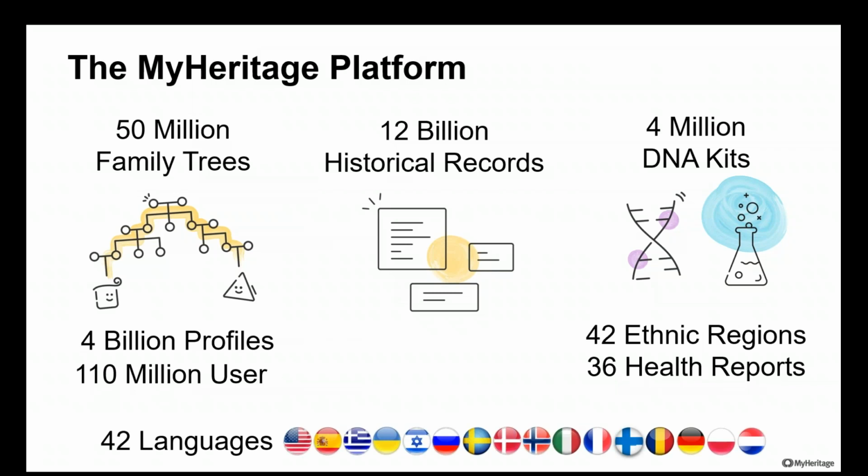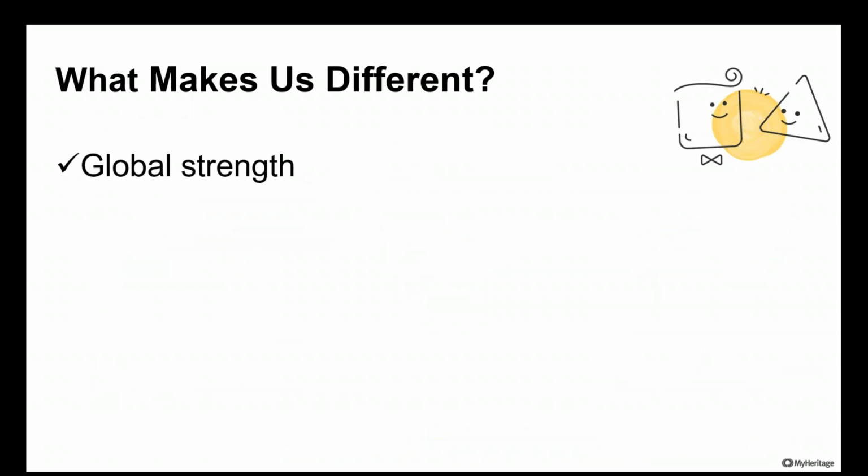So if somebody asks me, what is one of the strengths of MyHeritage? Definitely the global reach that MyHeritage has, not only in the amount of records or the type of records that we have from all over the world, but having users really from all over the world in 42 languages working together. It's definitely one of our strengths. People say we have superior technology. I will leave that to you to judge.